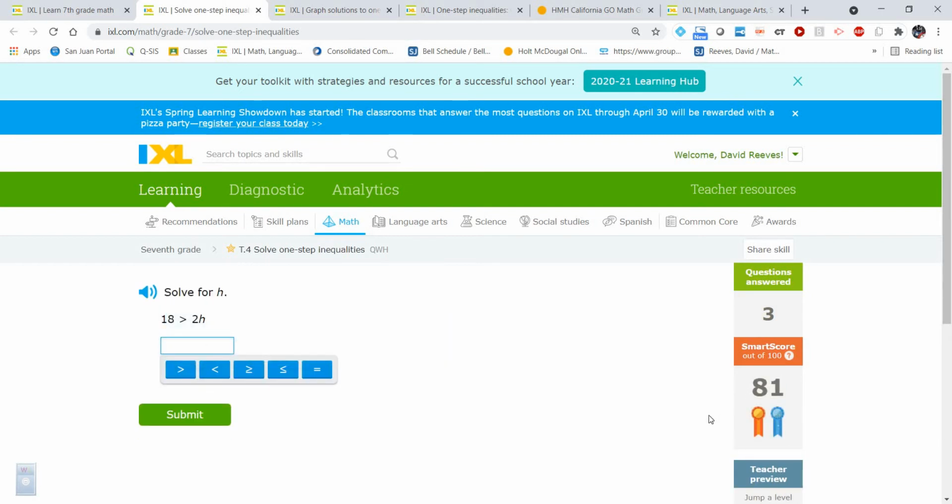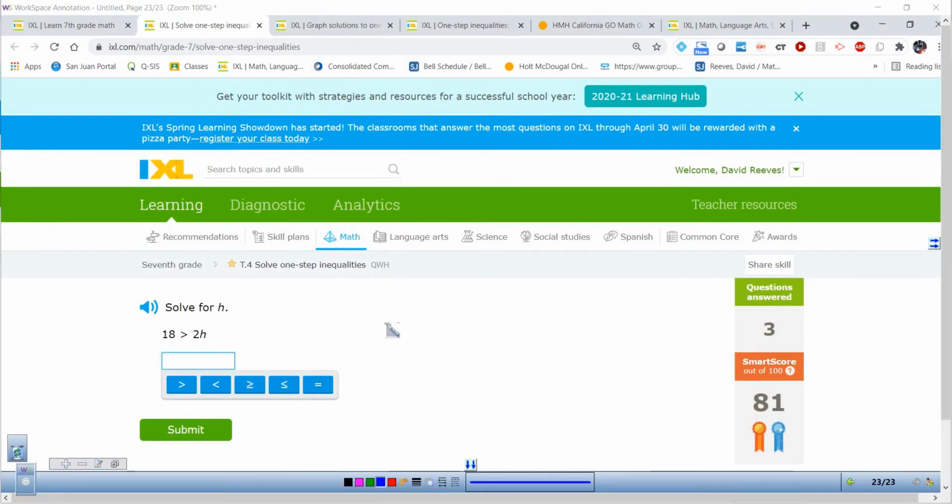Well, no, not yet. Here we've got 18 is greater than 2h. Now remember, if you watch my other video, I like to have the variable on the left side, so I'm going to flip this around. I flip the entire thing around, and I get 2h is less than 18. Then I'm going to divide both sides by 2 and get h is less than 9.